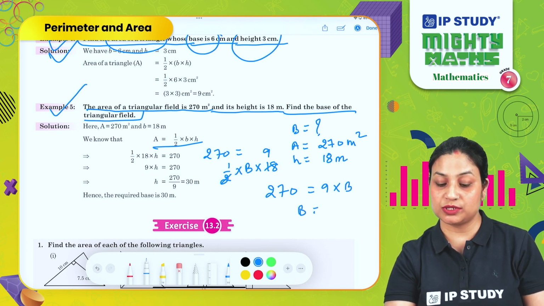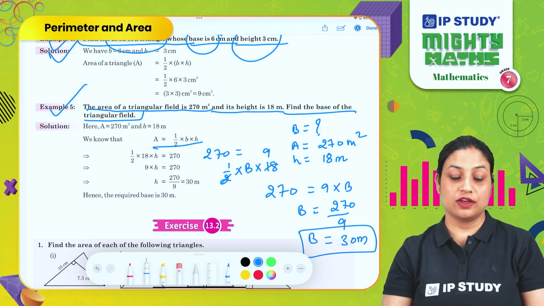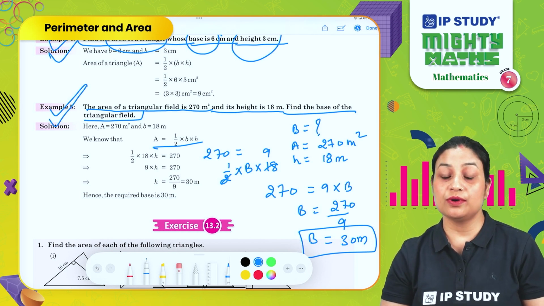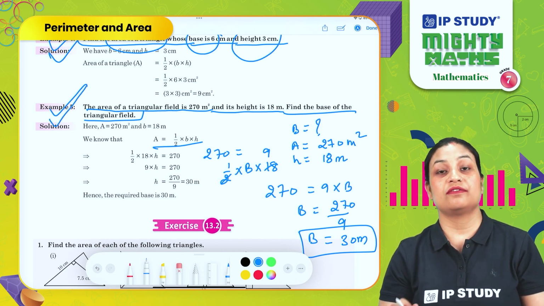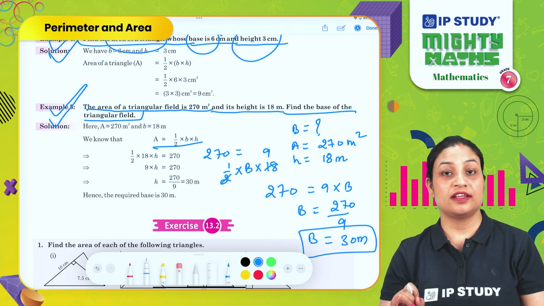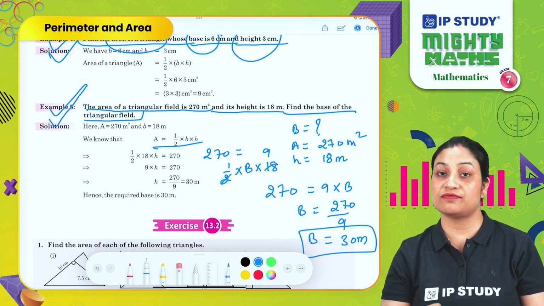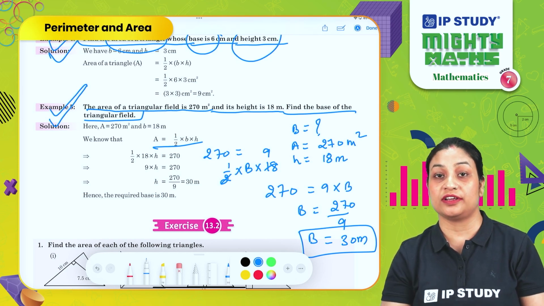When you solve this one, what you will get? 30 meter, right? So students, I hope these two examples are very clear to you. So here what we have understood, first thing is area of triangle is given by half into base into height. Then we checked there are different scenarios where we can use this formula to find out the unknown quantity, right?